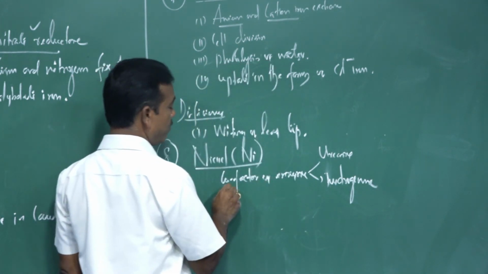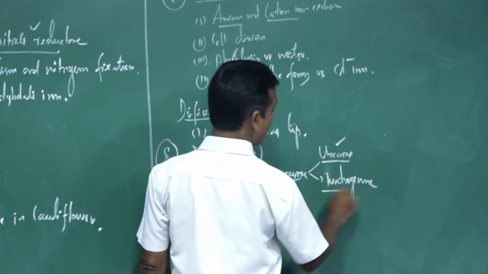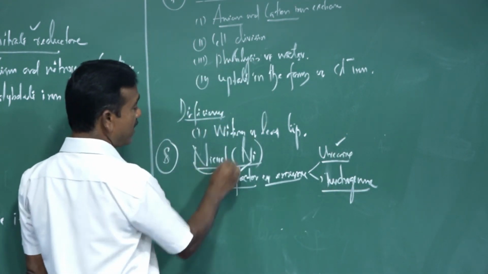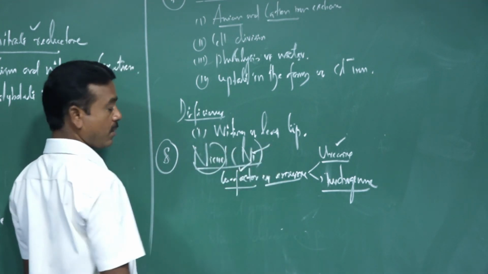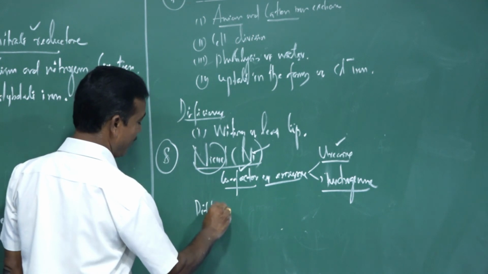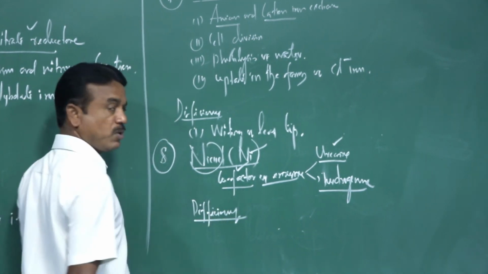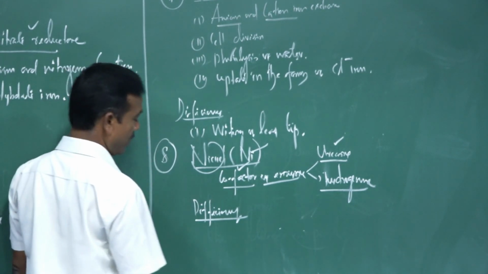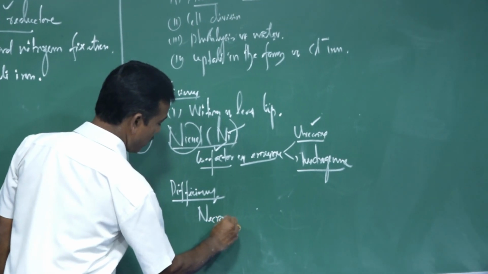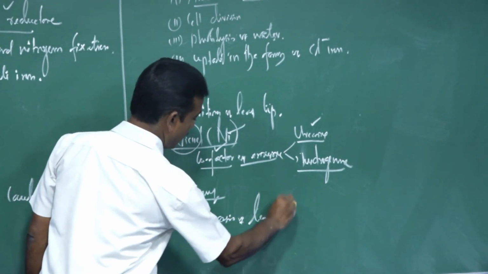So nickel acts as a cofactor of the enzymes urease and hydrogenase. If nickel is not available in the soil, it also causes deficiency. The deficiency that arises is necrosis of leaf tips.